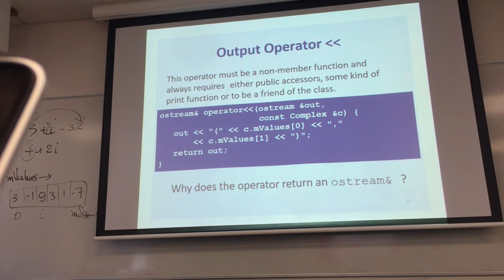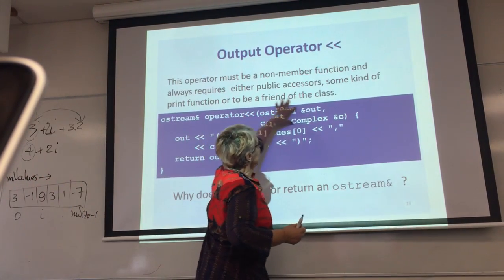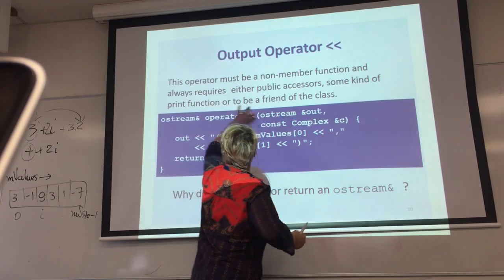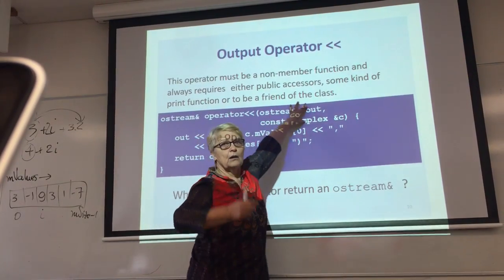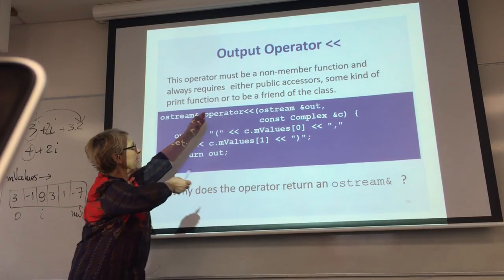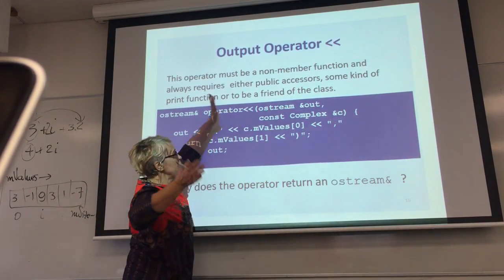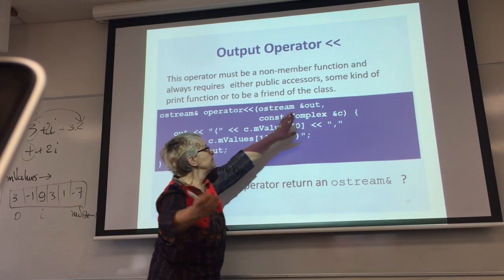Very easy to implement. It's a friend. If it's a friend, it has to have this heading provided in the complex class: friend operator output. Now, it takes always two arguments.